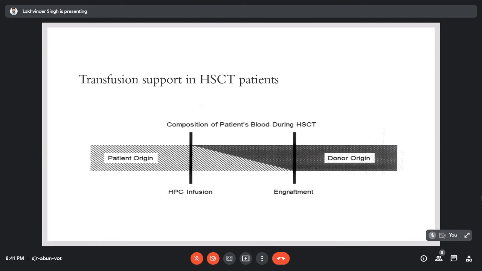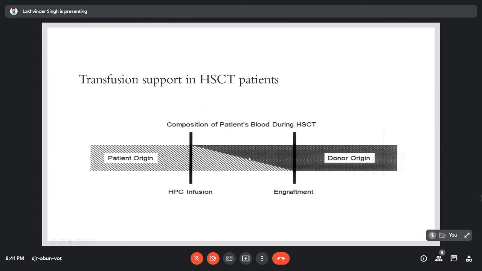When we do the blood grouping, we do two types of blood grouping, forward grouping and reverse grouping. In the forward grouping, we look for the antigen. In the reverse grouping, we look for the antibodies like anti-A and anti-B. But during this phase, it would be all a mix.